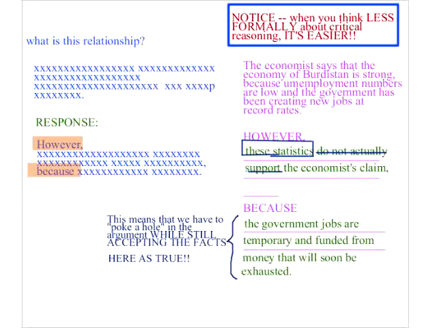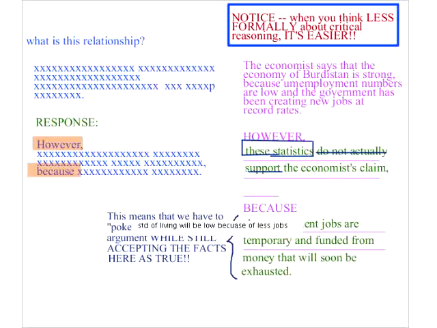I do want to make the point that a couple people tried to do that. One person wrote that standard of living will be low because of fewer jobs. You can't do that, because the passage actually tells you that there are more jobs, new jobs at record rates.